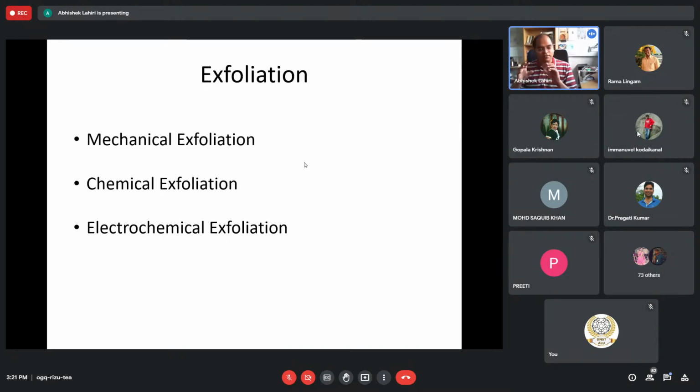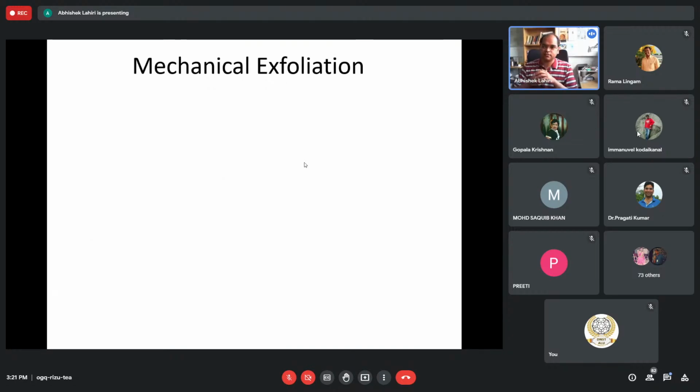So there are possibly only one or two examples of absolute chemical exfoliation. The third way is electrochemical exfoliation. In the next hour or so, or the next 40-45 minutes, we will look into all three methods of exfoliation. So let's start with mechanical exfoliation.